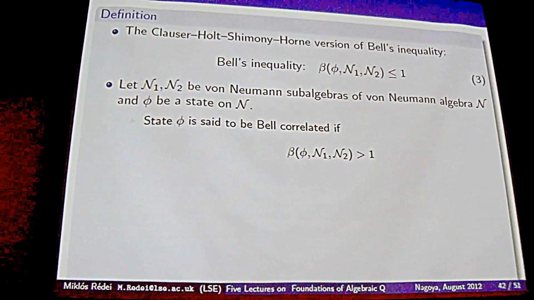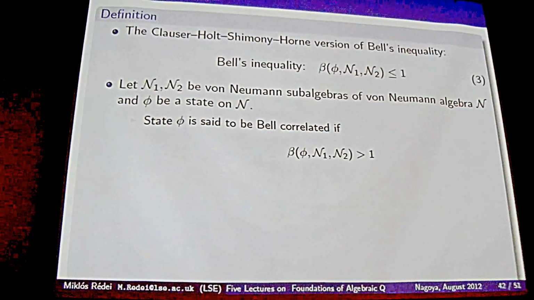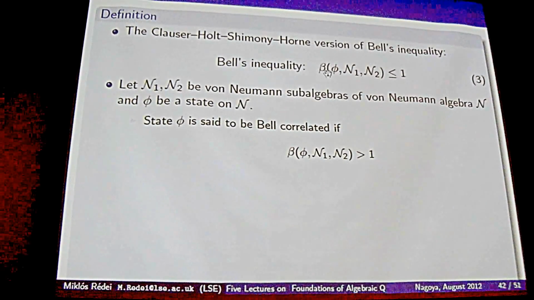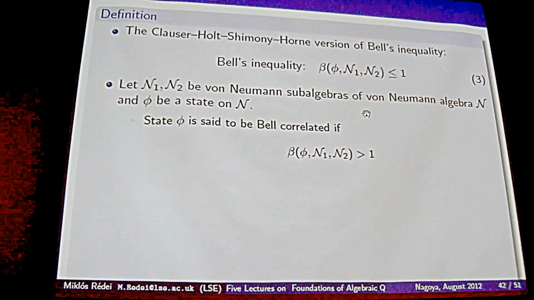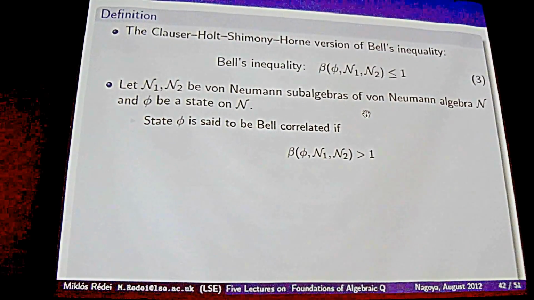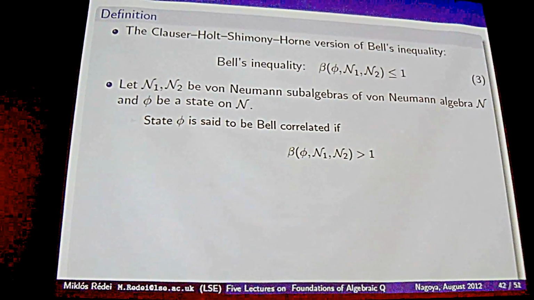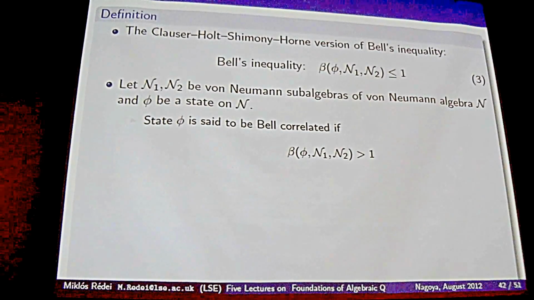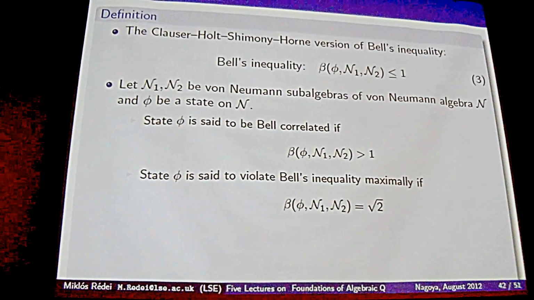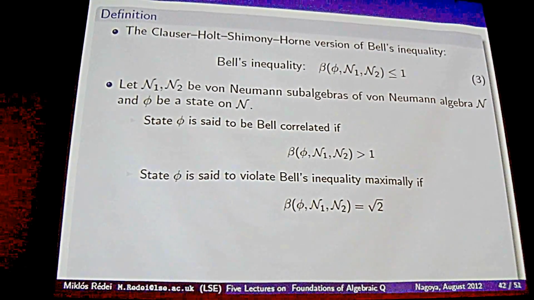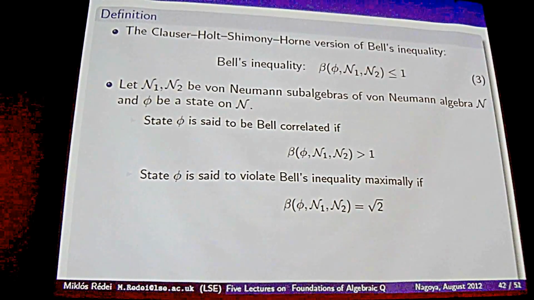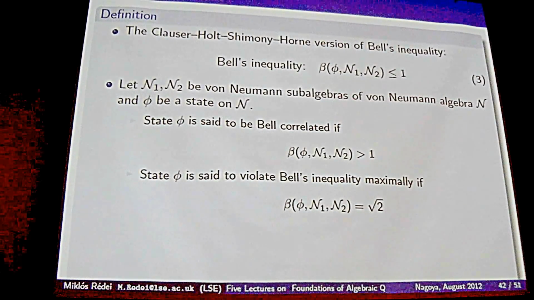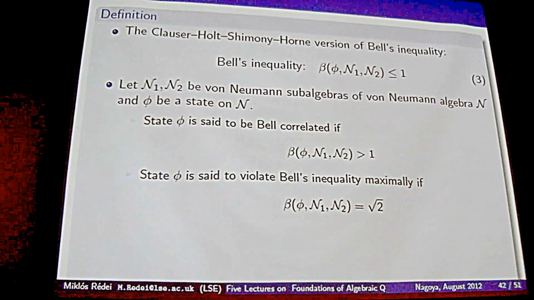Now, another definition here, which is very natural then, if this is Bell's inequality, is the notion of Bell correlated state. The state is called Bell correlated if this Bell correlation is strictly greater than 1. And you say that the state is such that it violates Bell's inequality maximally if it is equal to its maximum value, which, as I said, was the square root of 2.